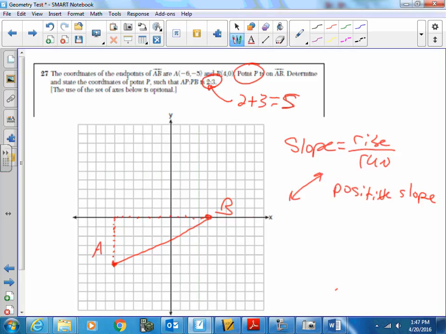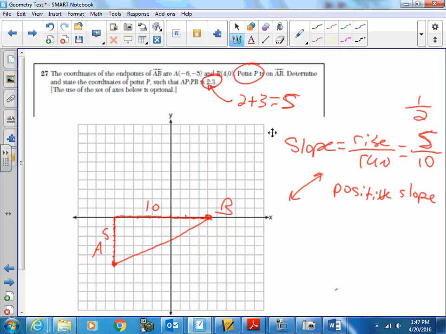My rise is 5 and my run is 10, so my slope is 5 over 10. If you reduce that, you get a slope of 1 over 2, or 1/2.